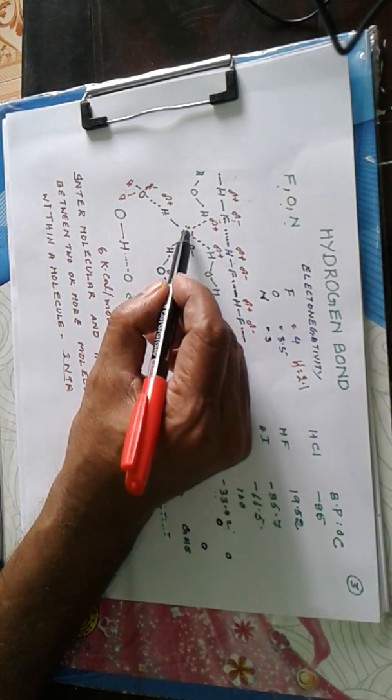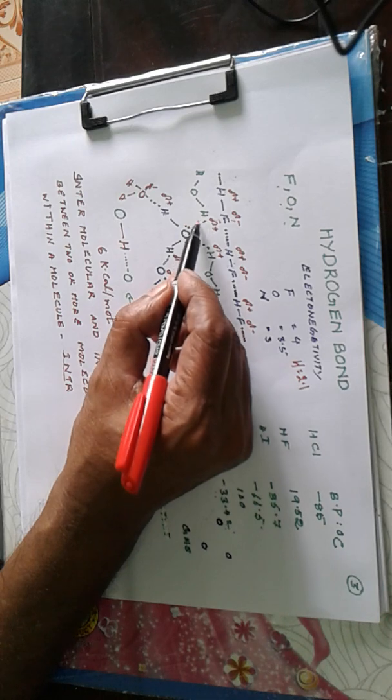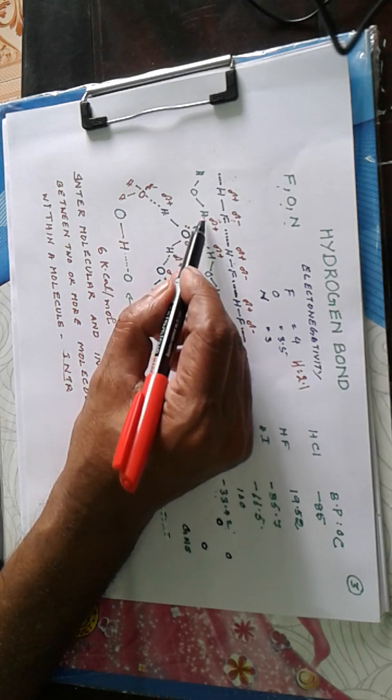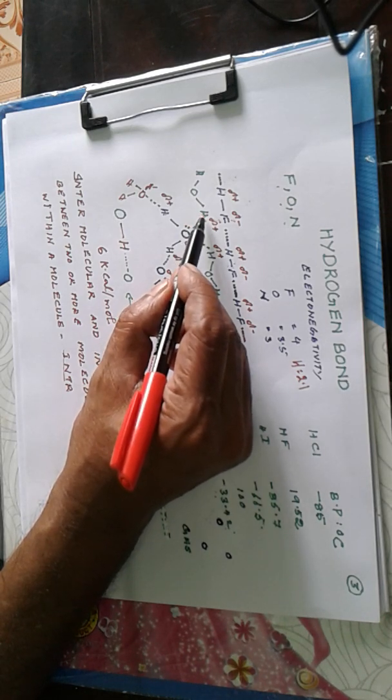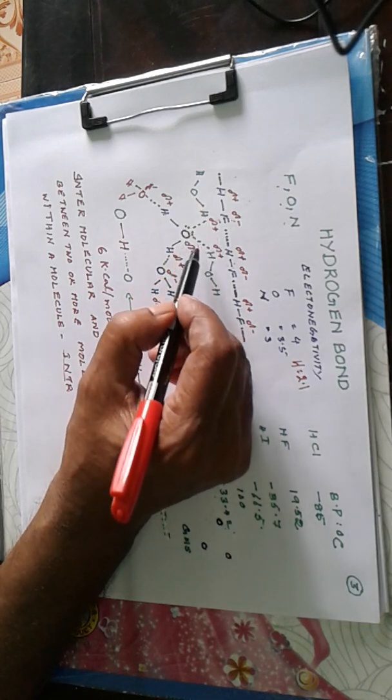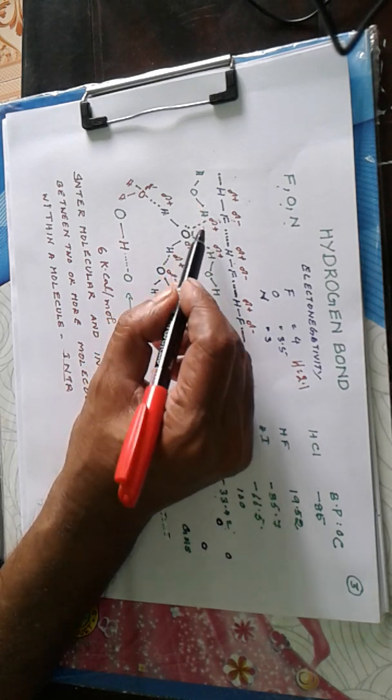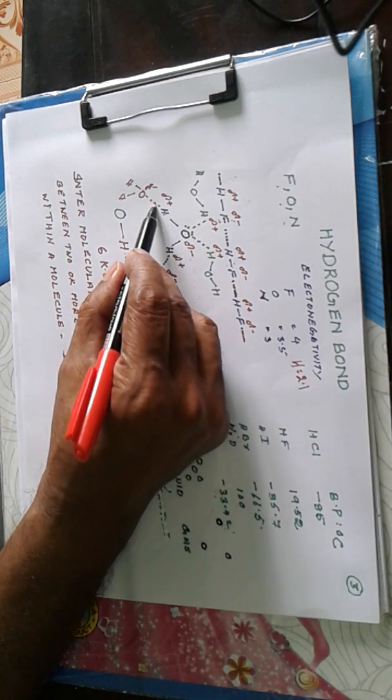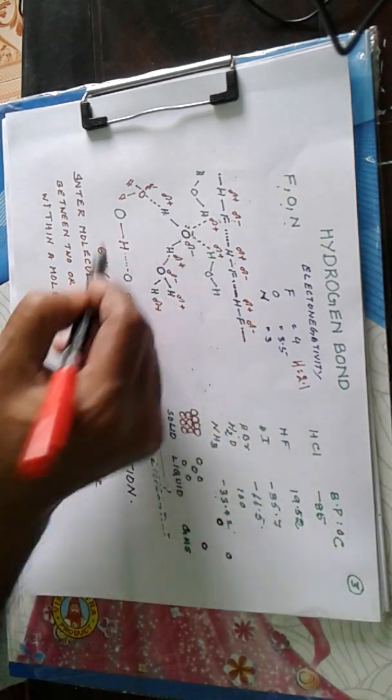Now the lone pairs over the oxygen atom, there are two lone pairs, can form weak hydrogen bonds with the hydrogen atom of another molecule, and so two more hydrogen bonds are possible, so that a water molecule can form a total of 4 hydrogen bonds.